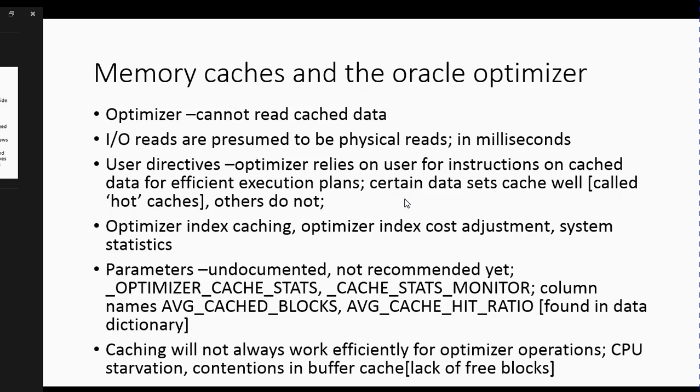But again, if you want to have the optimizer base all of its execution plans on that cache memory, that's not always going to be the case, because some objects cache within memory and some do not. In terms of caching data into memory, it's recommended to not cache certain types.